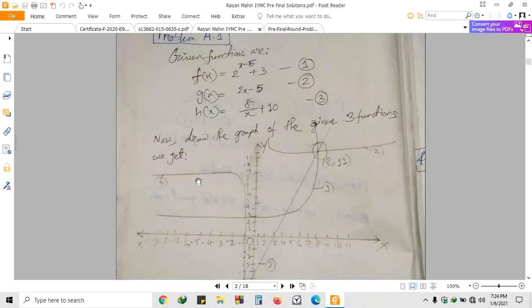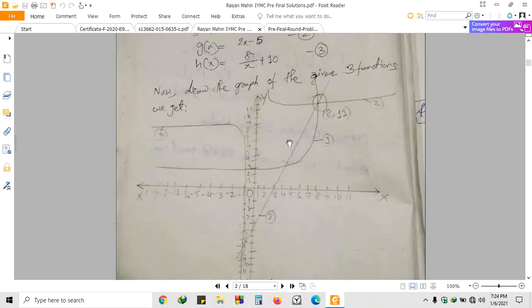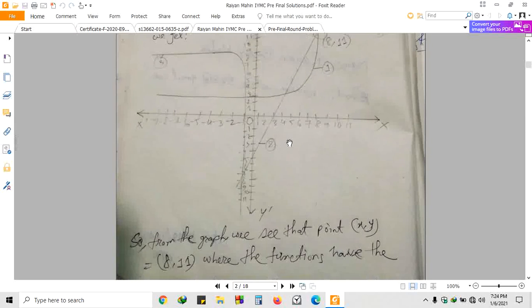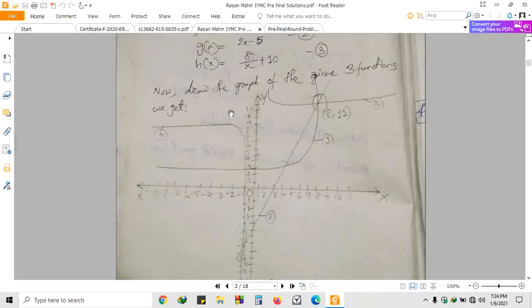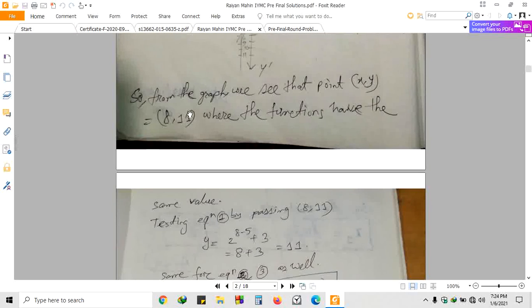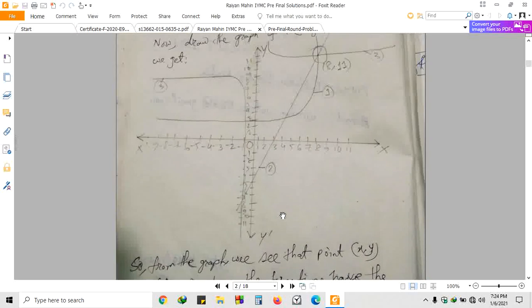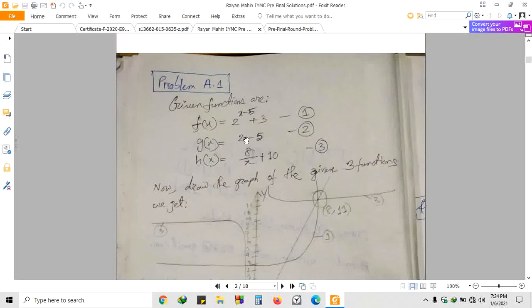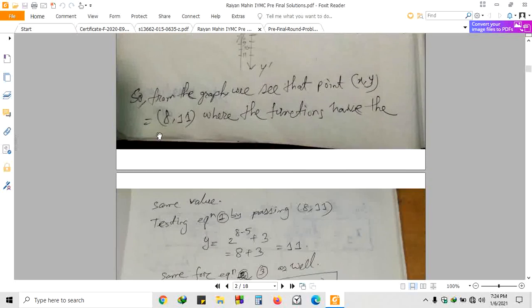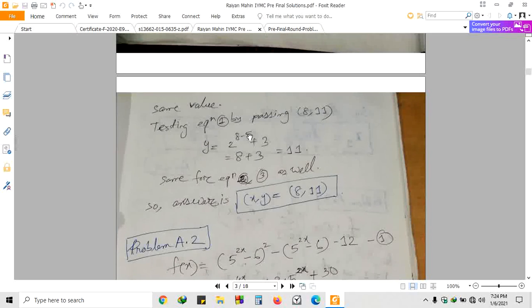You can also see the graphs of these three functions with online tools like desmos.net, and then you can see that these three graphs intersect at the point 8 and 11. You can also verify by yourself by passing this point through any equation. Like here, f of x is 2 to the power x minus 5 plus 3. So if we put in 8 and 11, 2 to the power 8 minus 5 plus 3, we get 11. So that was the answer: the point xy is 8 and 11.